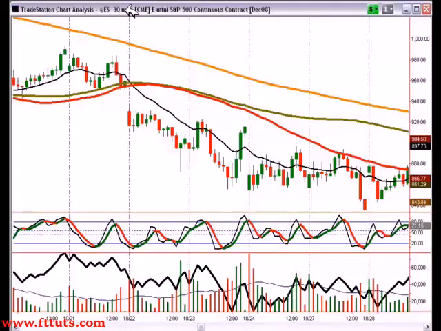Well, even on these longer term intraday charts, this is an S&P E-mini 30-minute chart, even though it's a longer term chart, you can still see that's what you're going to get every single day, this saucer pattern, day after day after day. I mean, that's it. So how is that really helping you? It's really not helping you too much, because that's just the pattern you're going to get. So it's not really all that beneficial.